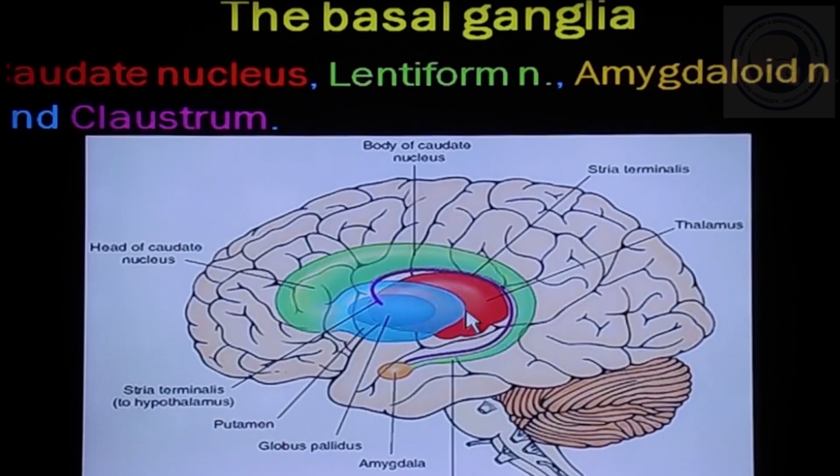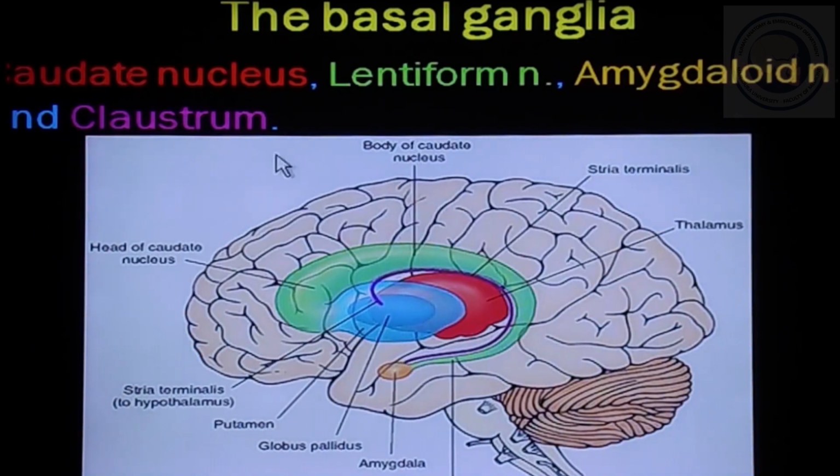And also please know that in between the thalamus and the body of caudate, you will find fibers called stria terminalis connecting the amygdaloid nucleus with the septal area. I mentioned the septal area before, that it is connected with the habenular nucleus via the stria medullaris thalami.